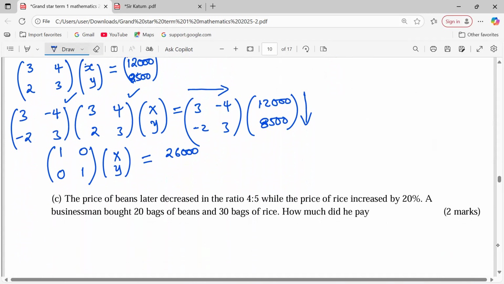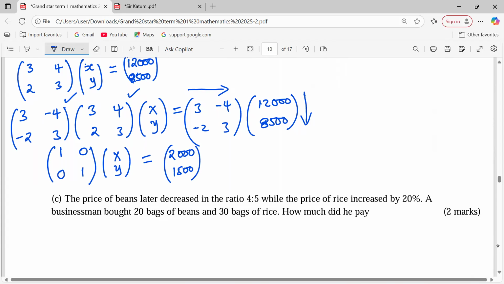So now when we perform this multiplication, we can check. 3 into 120,000, then negative 4 into 8500. This becomes exactly 2,000. Then negative 2 into 120,000, then plus 3 into 8500. This becomes 1500.